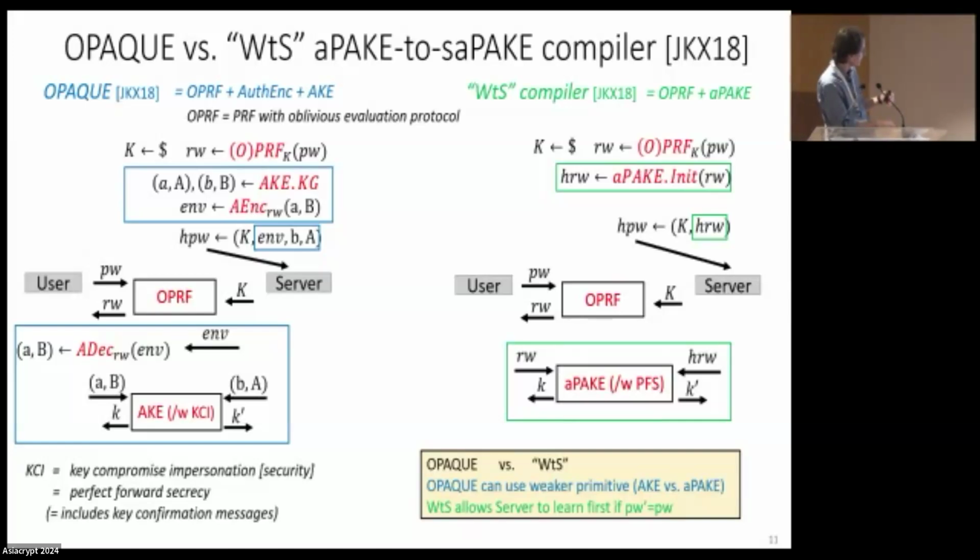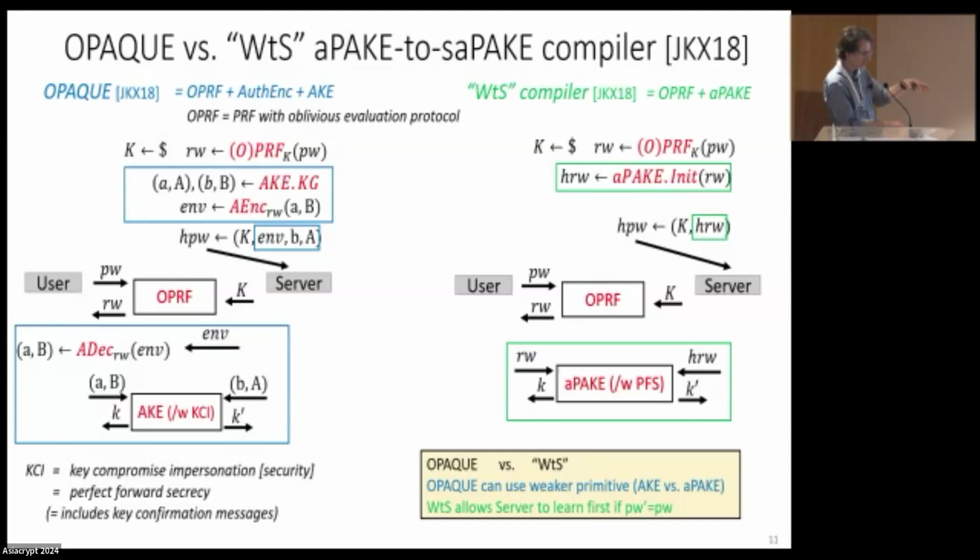So now at the initialization stage, the user picks the key of the PRF, computes the PRF on her password, and then uses this output for authenticated encryption to encrypt two things: the private key of her key exchange. So this is an authenticated key exchange scheme.